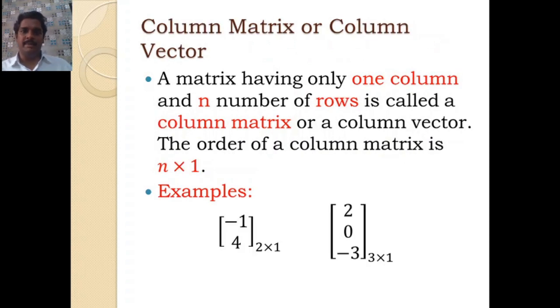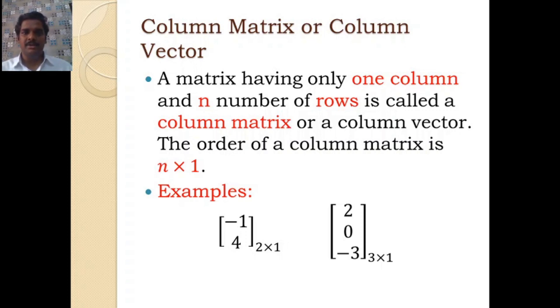The next is column matrix, also known as column vector. A matrix having only one column and n number of rows is called a column vector or a column matrix. So basically a column vector, or nothing but the column matrix, is what? Which is having a single column. You can't have multiple columns here. You can't have 2 columns, 3 columns.